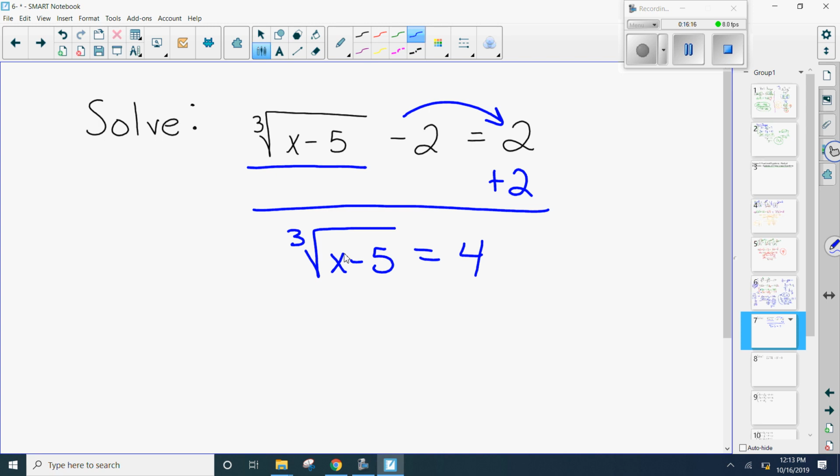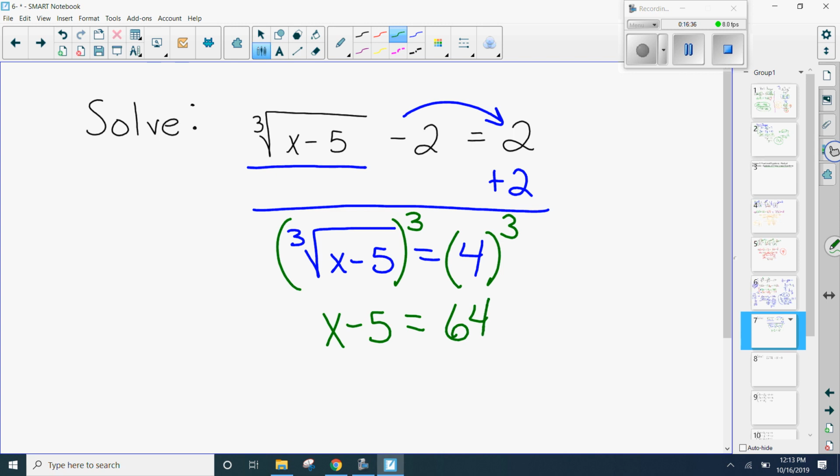What is 4 cubed? 64. So to get rid of the root, you raise it to the power. On the left-hand side, you're just going to get x minus 5. The right-hand side, you get 64, and as a final step, you would add 5. So you get x is equal to 69.